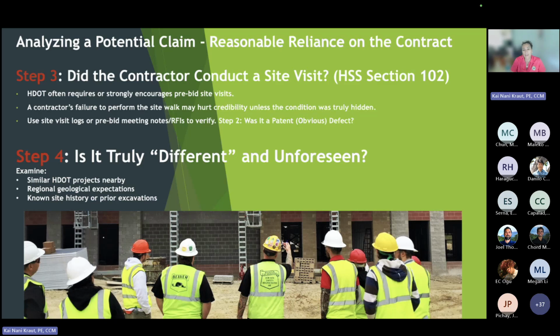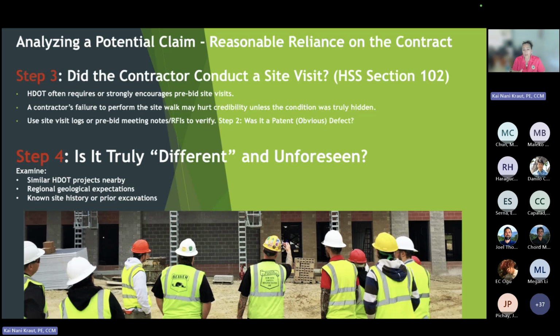So step 3, did the contractor conduct a site visit? So again, we in our spec say they have to examine the documents and that it's their responsibility. So that's the disclaimer clause that is in the spec. But if the contractor fails to do that, it hurts the credibility unless the condition was truly hidden.